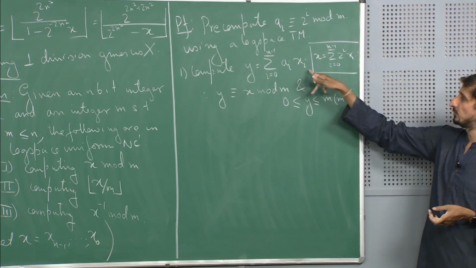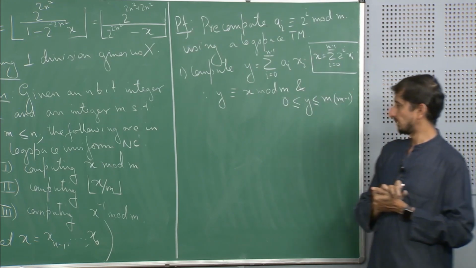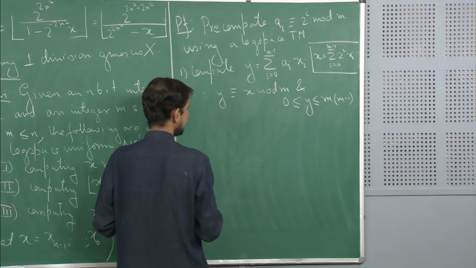Each x_i is either 0 or 1. So this is the value of y.